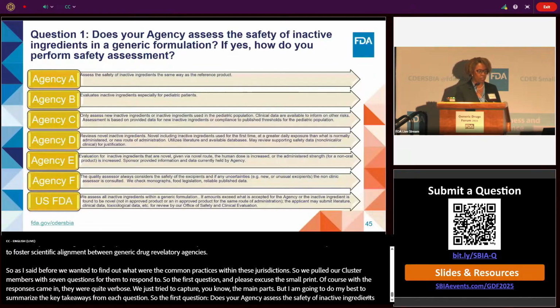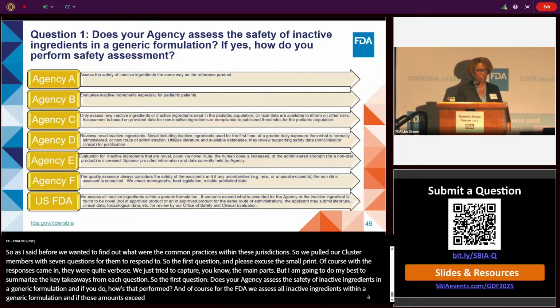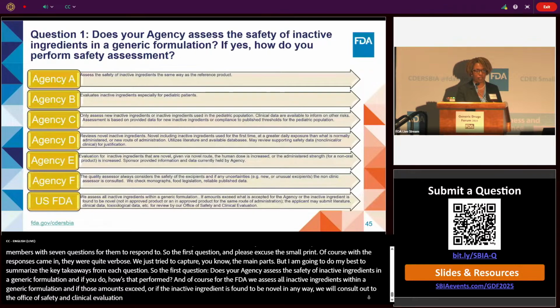Of course, for the FDA, we assess all inactive ingredients within a generic formulation. And if those amounts exceed, or if the inactive ingredient is found to be novel in any way, we will actually consult out to the Office of Safety and Clinical Evaluation in order to determine if that amount for that inactive ingredient is okay or not.